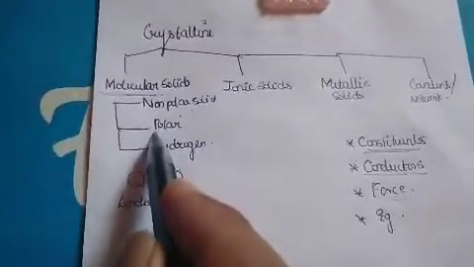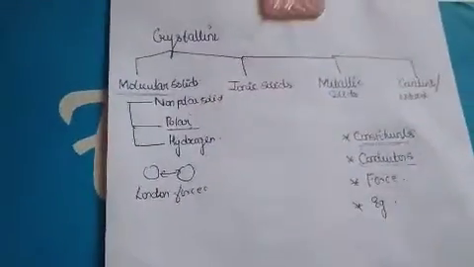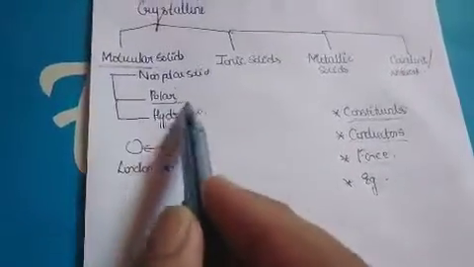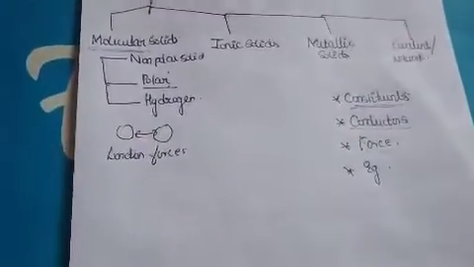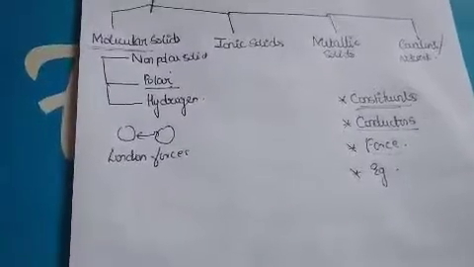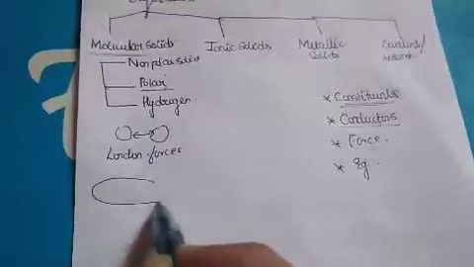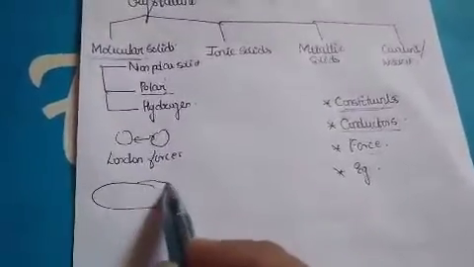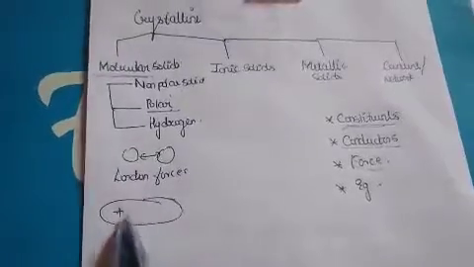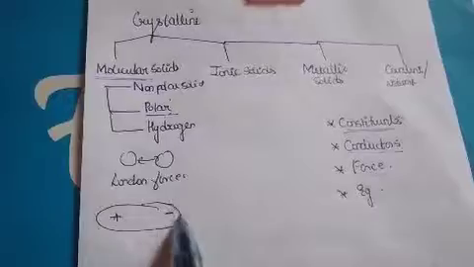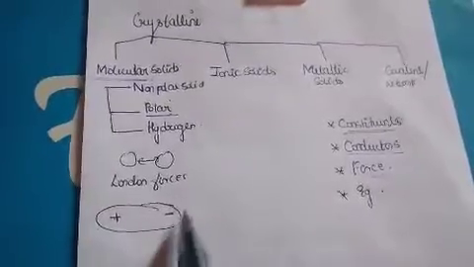Coming to polar solids, polar means there is some charge separation within a molecule. If I consider this as a polar solid, of course it is not an ionic solid, but there will be some charge separation, a plus and a minus. Both exist, which is why the molecule is neutral.